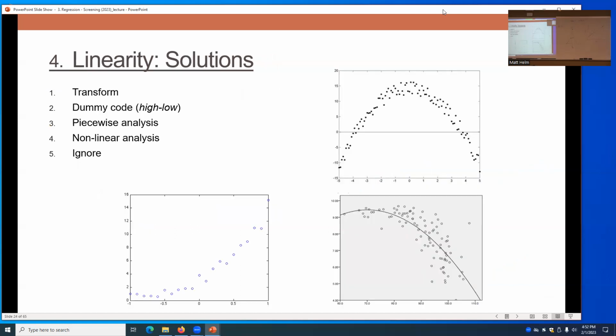In terms of solutions, if I do find a nonlinear relation between 2 variables, okay? The first thing I can do is transform, right? We talked about transforms. If I execute a transform, I'm essentially modeling a nonlinear relation between 2 variables, and this is a fine thing to do, okay? The other thing I might do is dummy code a variable, so you say, this is high, this is low.